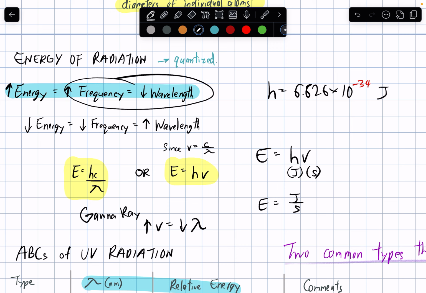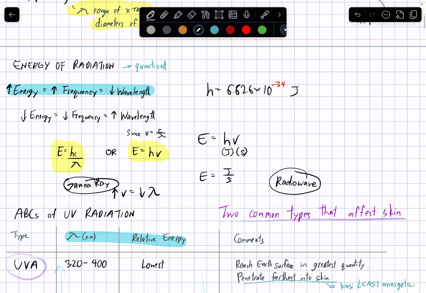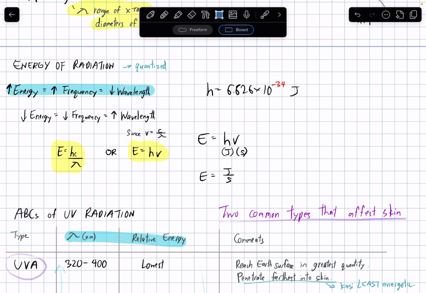Knowing that frequency and wavelength are inversely proportional, what you just have to add to that knowledge is that frequency is directly proportional to energy. So compared to the one that has the lowest frequency in the electromagnetic spectrum, which is the radio wave, gamma rays have the highest energy because they have the highest frequencies. So that's it.